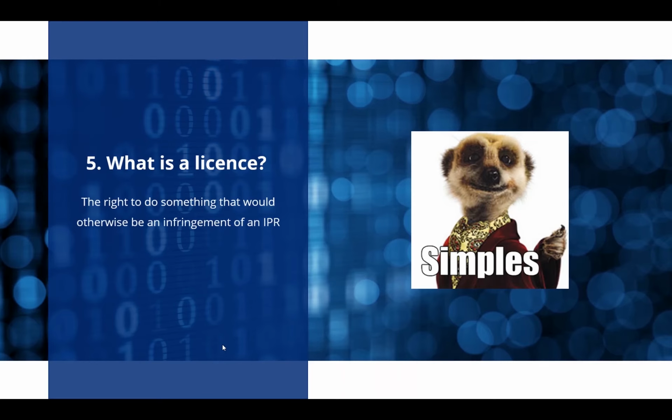So if loading and running a computer program is an infringement, and a copyright owner gives you permission to do that, that is a license. You can call it permission, you can call it consent, call it whatever you want, but it is effectively stopping them from suing you for infringement. So another way to put it is that a license prevents the copyright owner from suing you for infringement.